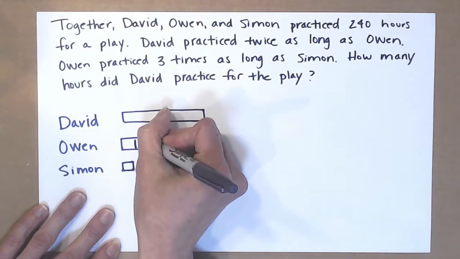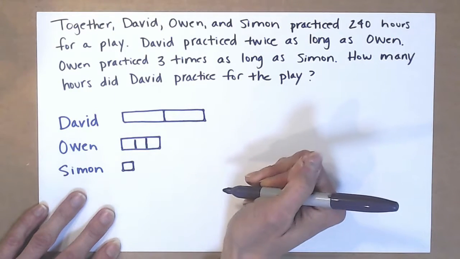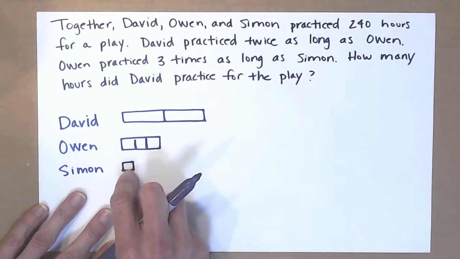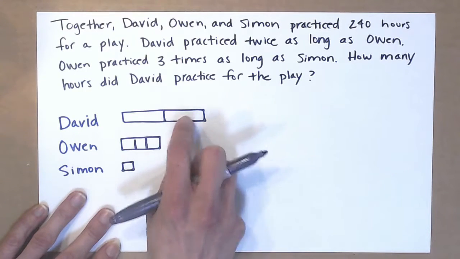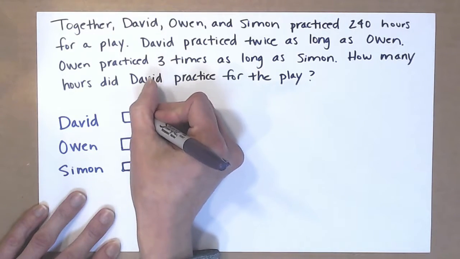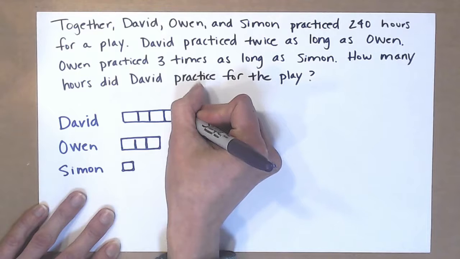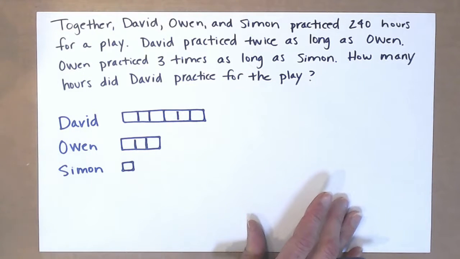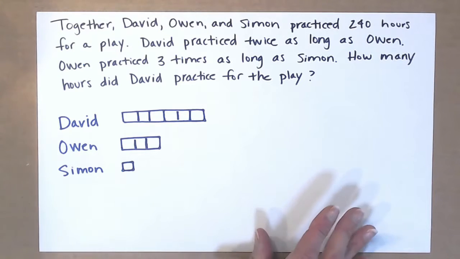So what we're going to end up doing is make our parts smaller. Now Owen will be 3 times as long as Simon. So then these parts also, we need to change into the same size part. So now we end up with smaller parts than we initially started with, and that will happen.